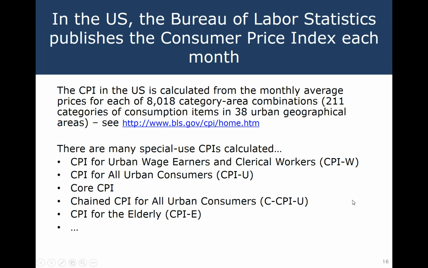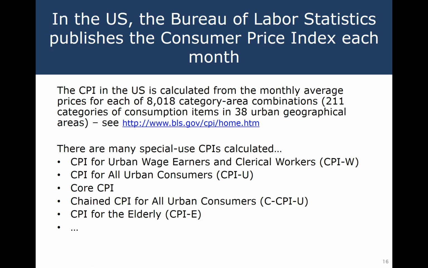Okay, so in the United States, the Bureau of Labor Statistics publishes the CPI each month. You see, they have federal officials doing the statistics, monitoring the status of prices on the market, and you can check from the website.